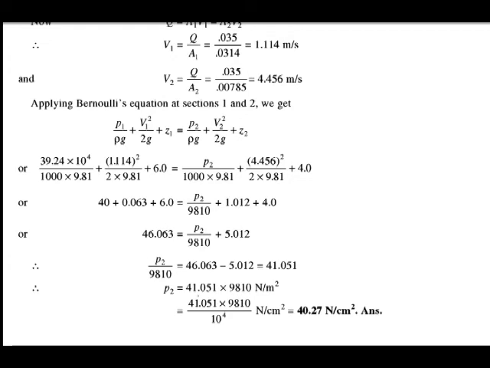P2 upon rho means 1000, g is 9.81, plus V2, which is 4.456 square upon 2 into 9.81, plus Z2, which is 4.